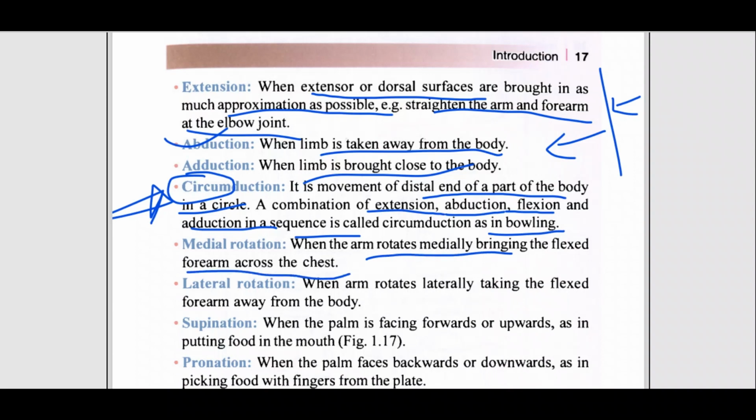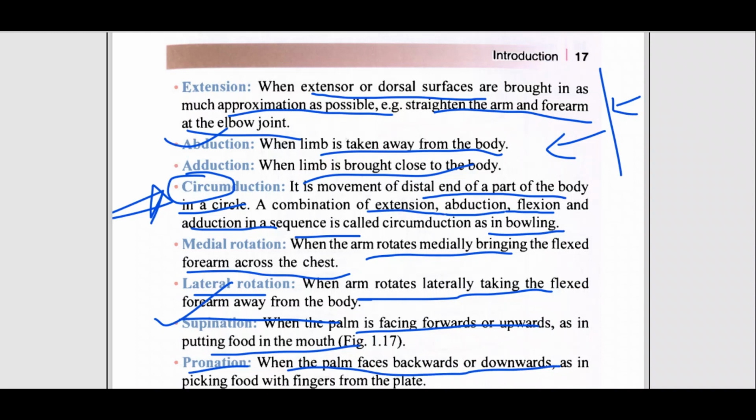Medial rotation, when the arm rotates medially, bringing the flexed forearm across the chest. Lateral rotation, when the arm rotates laterally, taking the flexed forearm away from the body. Supination, it is when the palm is facing forward, as in putting food in mouth. जब हम लोग कोई चीज़ खा रहे होते हैं, so we use our palm in supination.